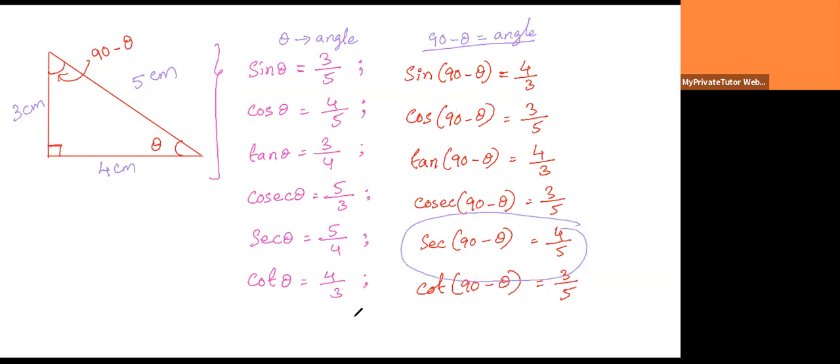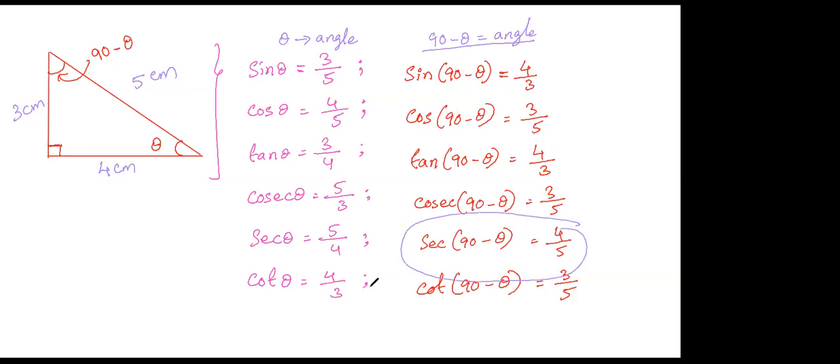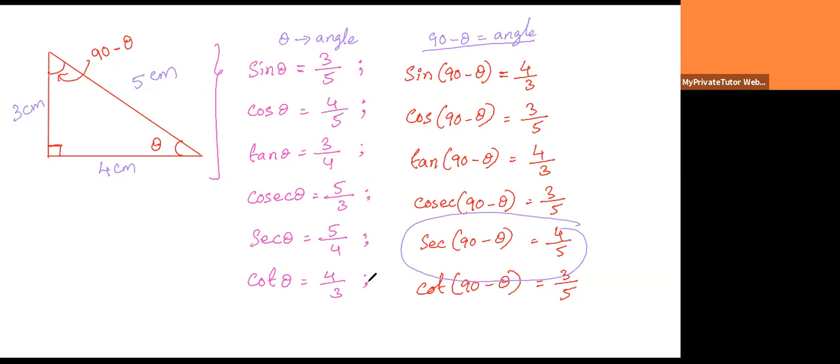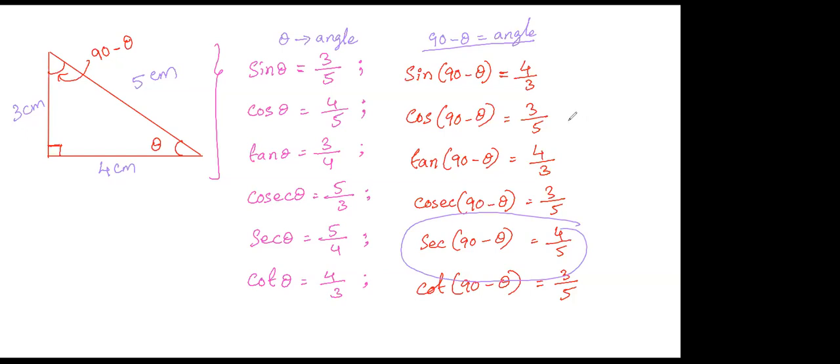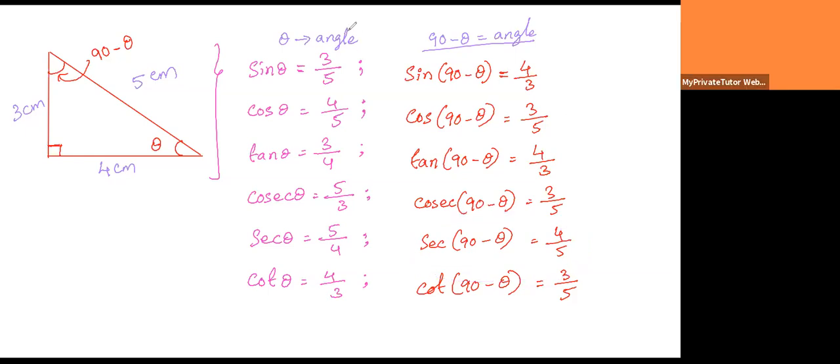I'm going to circle that. Secant 90 minus theta is the reciprocal of cos 90 minus theta. Reciprocal of 3/5 is 5/3. So this will become 5/3. Yeah, you're right. Very good.